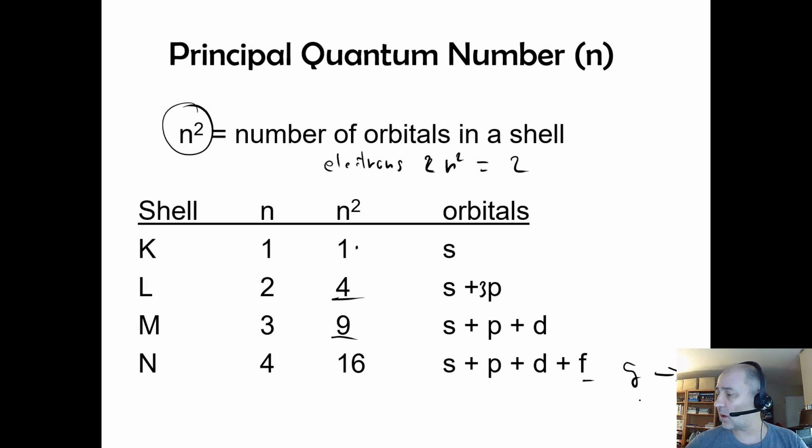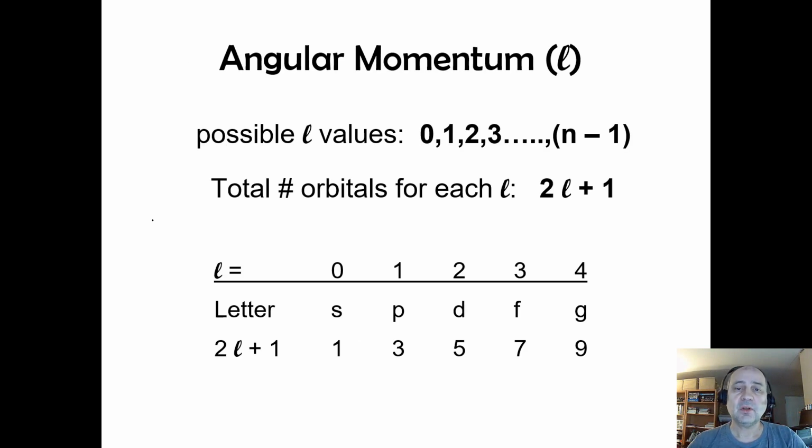Right, so that's the first quantum number. You should be able to calculate or determine the maximum number of electrons held, for example, for the 4th quantum level by simply doing this n squared times 2 calculation. So the angular momentum, or the shape, is l, and it starts at 0. So if the principal quantum number n is equal to 1, then n minus 1 tells you the highest angular momentum possible.